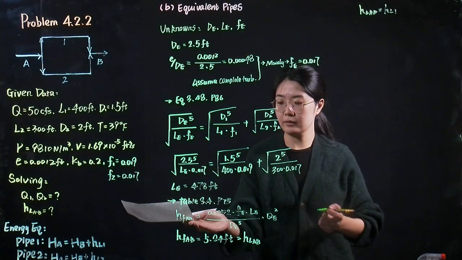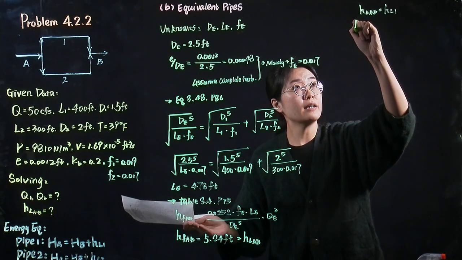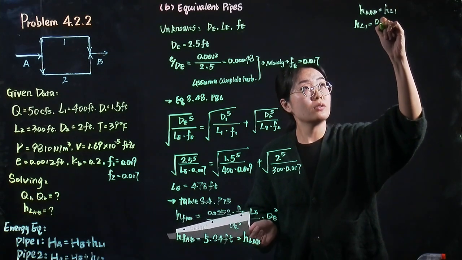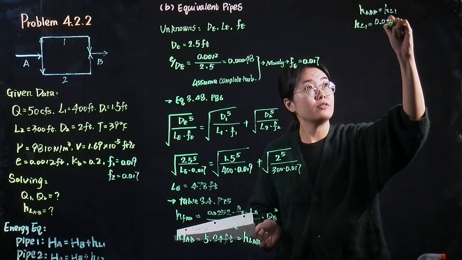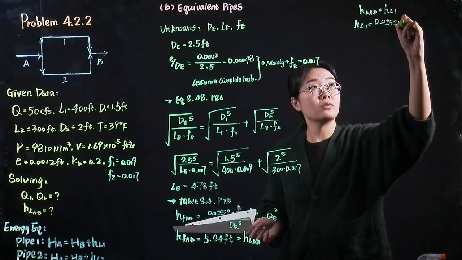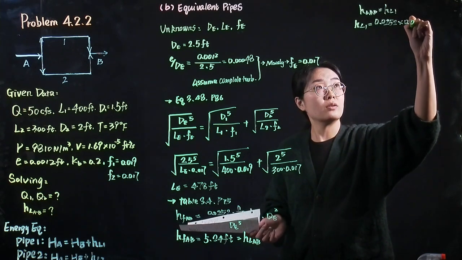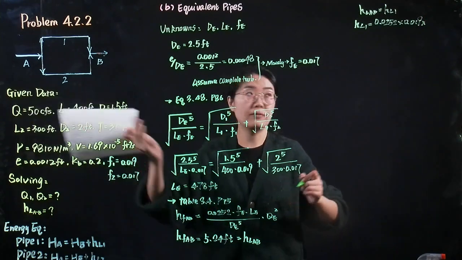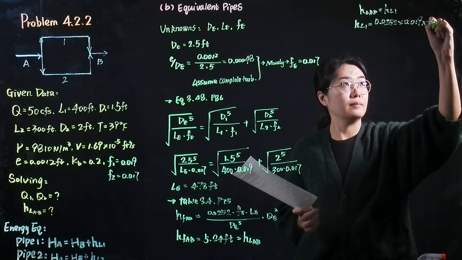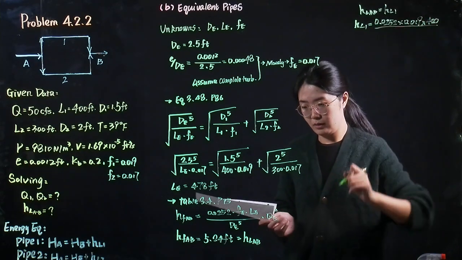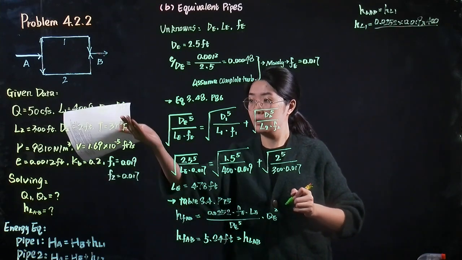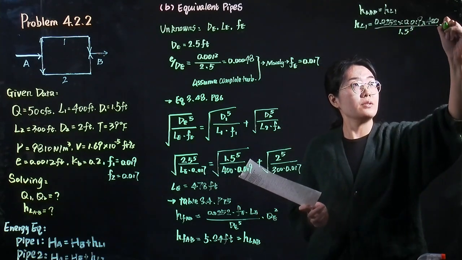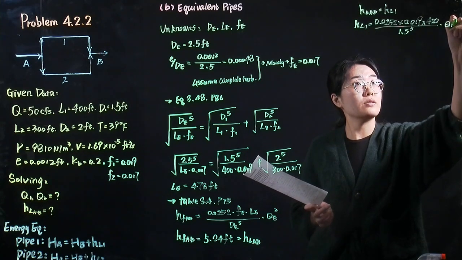Based on the equation given here, we can write down the head loss in pipeline 1: 0.0252 times F1, which equals 0.019, times the length, 400 feet, over 1.5 to the power of 5, times Q1 square.